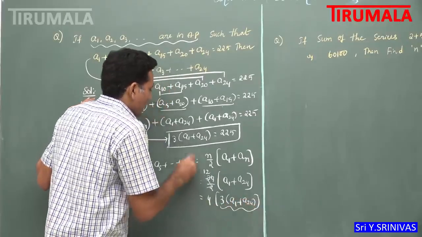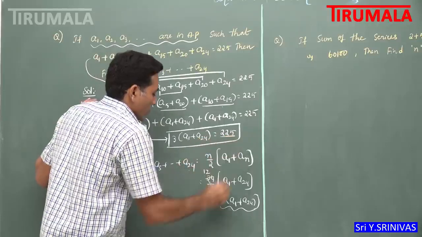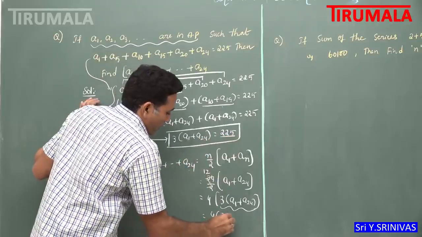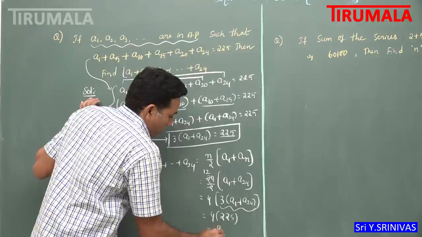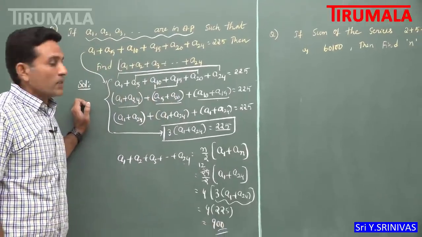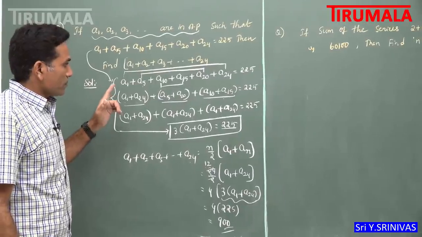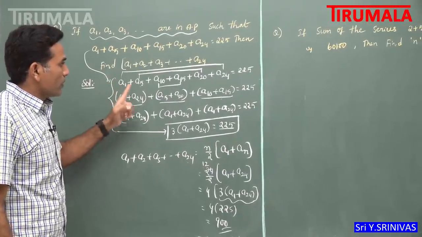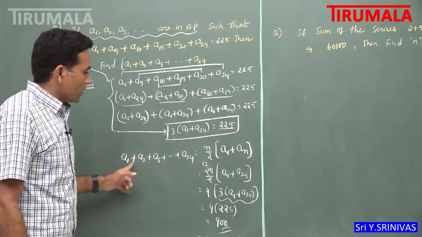What is the value of 3 times A1 plus A24? 225. 4 times 225 is 900.